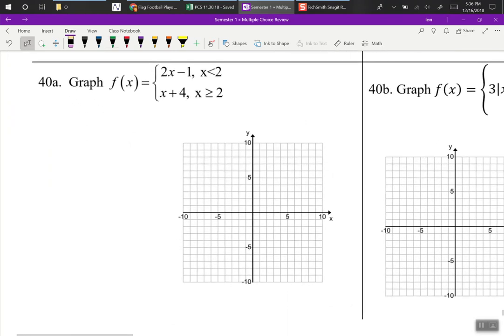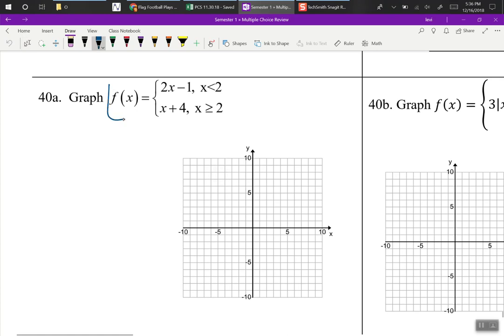40. Graph this. So graph 2x minus 1 for x values less than 2. So y-intercept is -1. Slope is 2. I want x values that are less than 2, so I don't want to go any farther to the right. I want to put an open circle here.